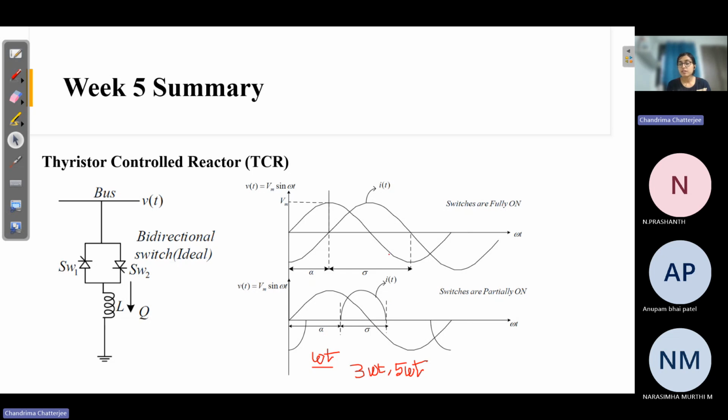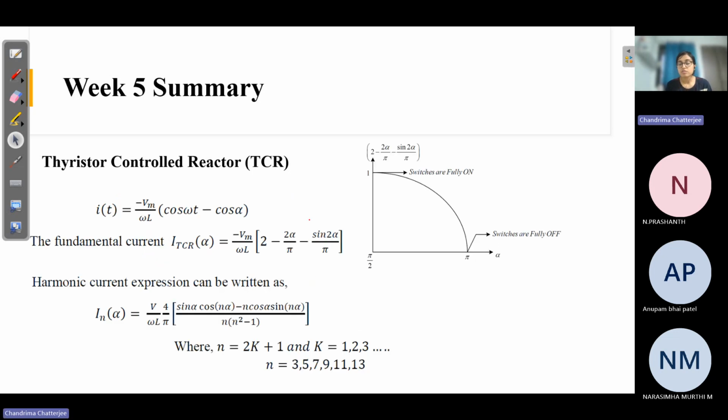They don't give us useful power. If you multiply this frequency component with the voltage, you will not get any average power, because the frequencies are different. You will only get useful power when the frequency of voltage and the frequency of current are the same. Otherwise, they are of no use. That's why they are not good for the circuit.